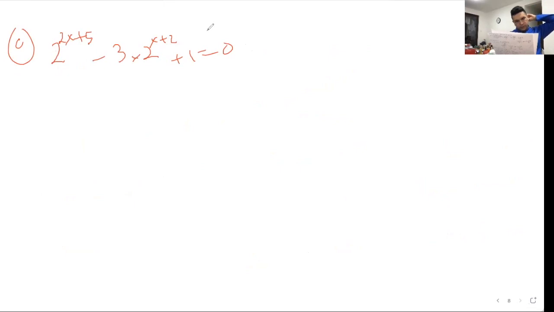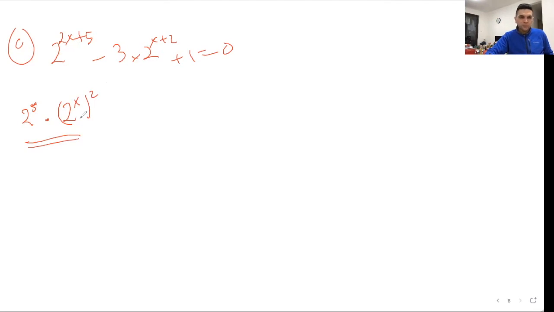Okay. So first, I'm going to rewrite this a little bit. So this I can separate as 2 to the 5th times 2 to the 2x. All right, so I separated this expression, and this would turn into this, because if I multiply them, I'm going to add up the exponents.